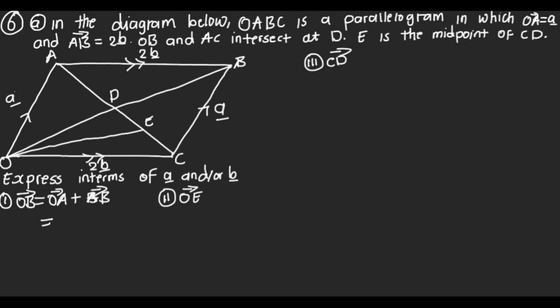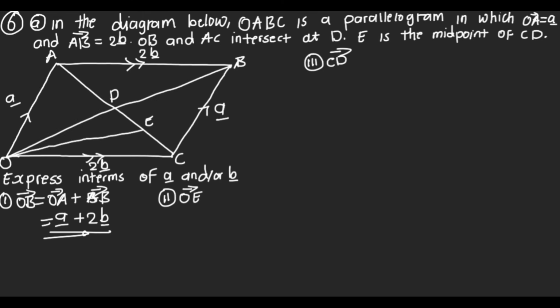So OA, we can see it's vector A, plus AB is vector 2B. If we use this, it will be 2B plus A, which is the same as A plus 2B. Now we have this vector OB, we have it.